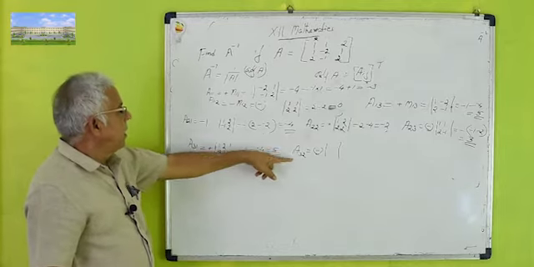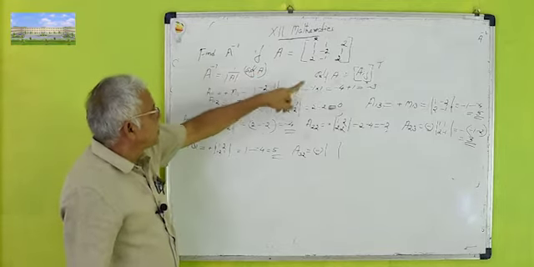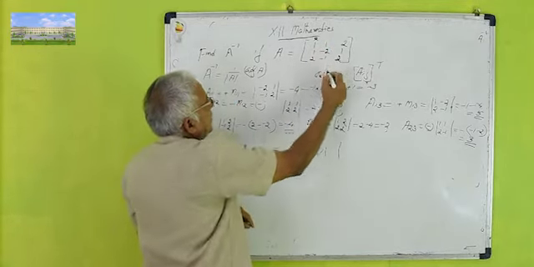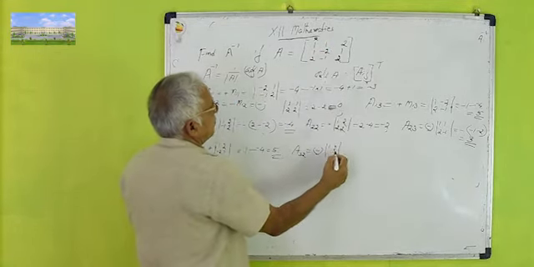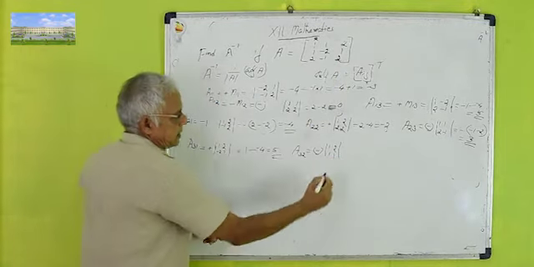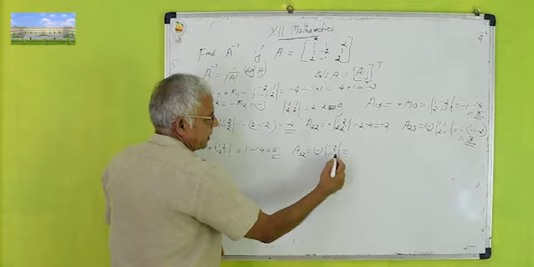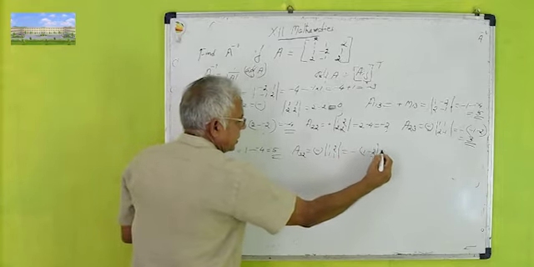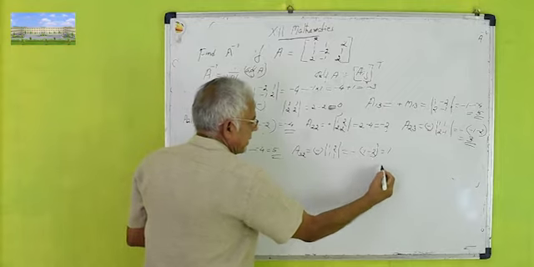Delete the third row and the second column. Then we get the determinant 1, 2, 1, 1, which is 1 minus 2, so -1, and with the negative sign, 1.